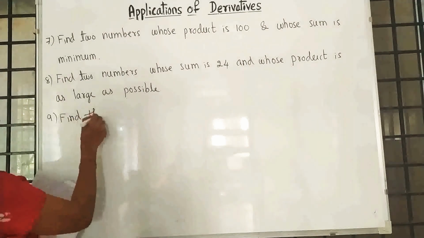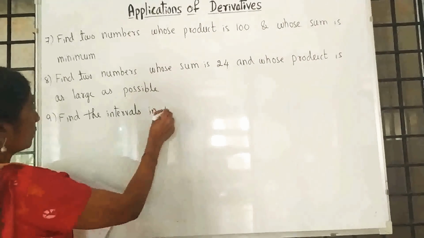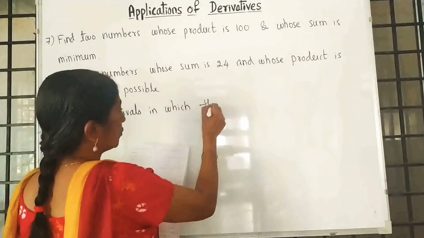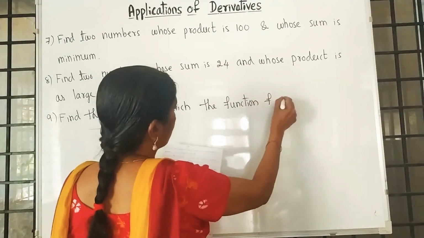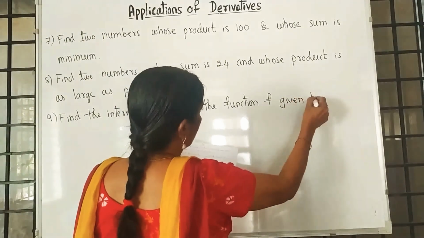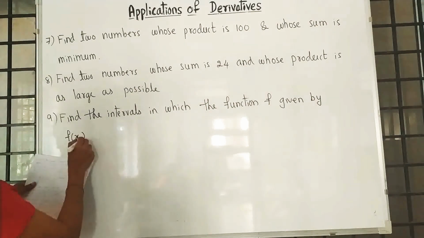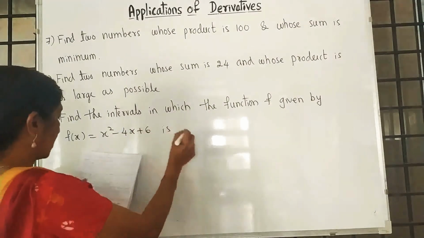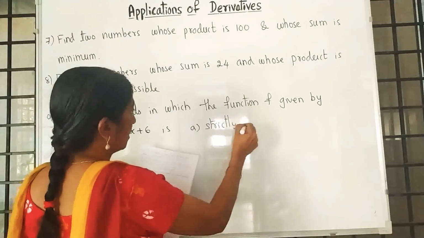in which the function f given by f of x is equal to x square minus 4x plus 6 is strictly increasing.